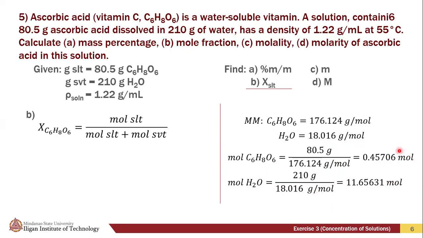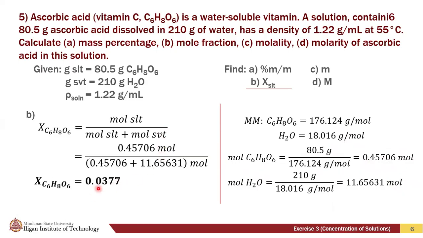Since we already have calculated for the moles of the solute and solvent, we can now substitute this into our original formula here. And with this, we can calculate for the mole fraction, which is 0.0377. Now, mole fraction is a unitless number because both numerator and denominator are in the unit of mole. But if you insist to have a unit, you can write mole ascorbic acid per mole solution.